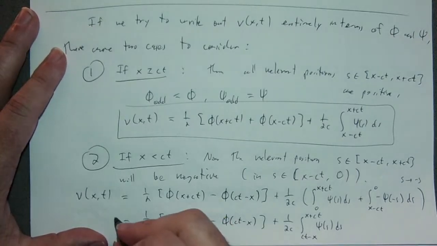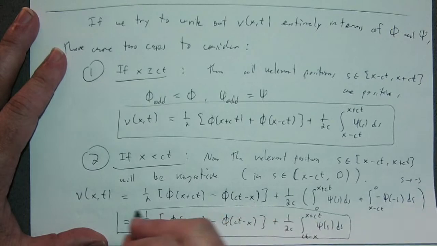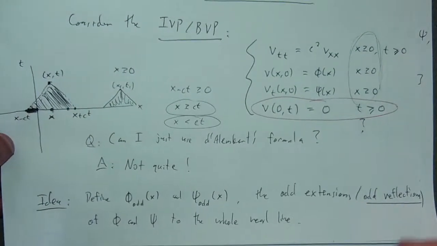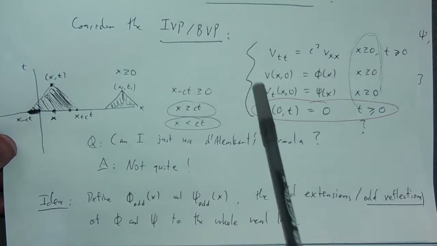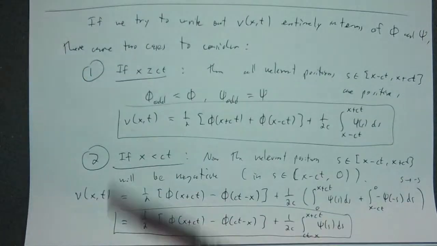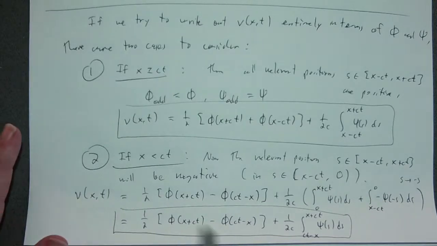And so we have actually found a formula for this original IVP BVP. It satisfies the PDE, the initial conditions, the boundary condition. The only difference, as to what's going on here, is that I have cases now.